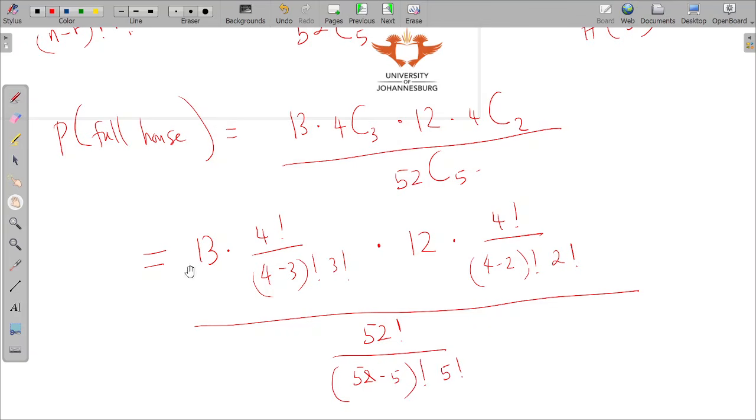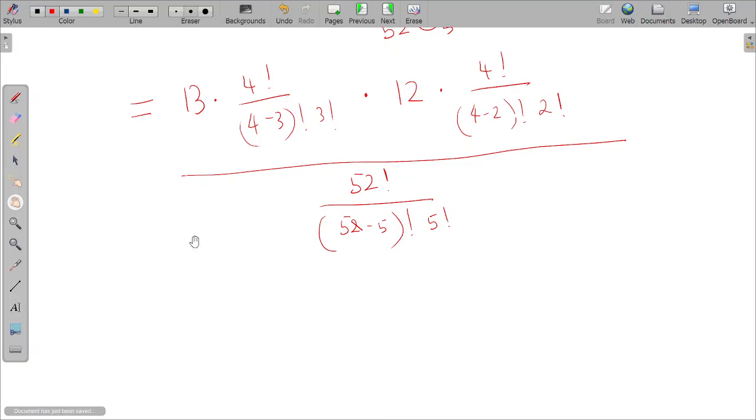All right, let's deal with this. In order to find this, you don't need to open up the whole factorial. Look at me now: 13 multiplied by 4, and I have 3 factorial here, so I can stop at this 3 factorial.